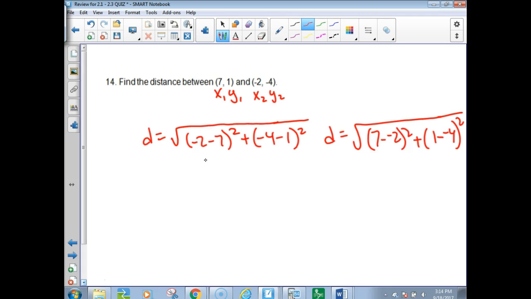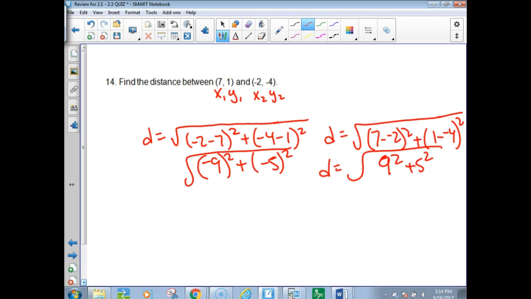Because that's negative 9 squared plus negative 5 squared. And this is 9 squared plus 5 squared. One of them looks easier than the other. The one that we're messing up is if we get the negative somewhere, if we don't put parentheses in, okay? So it should be the square root of 106.